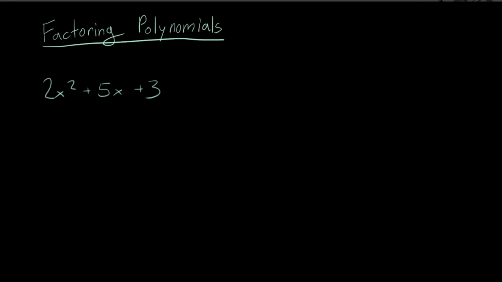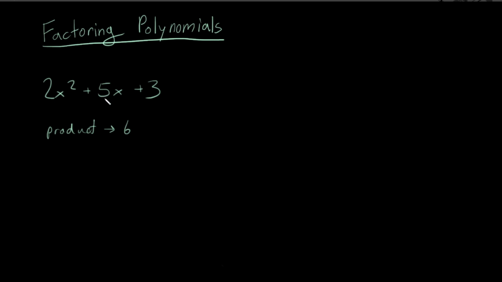This is going to be one of the polynomials that you can't factor right away using our trick. This is one that most of the time you'd have to use the product sum method unless you know any other method that's faster. But in this case, I'll be using product sum. So as you can see, coefficient of this times our constant, so 2 times 3, our product is 6.